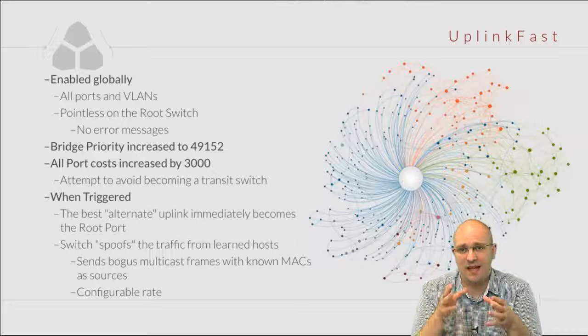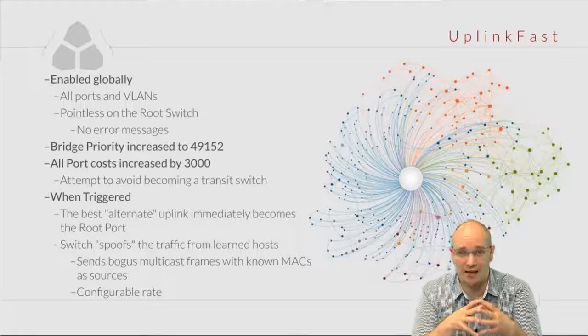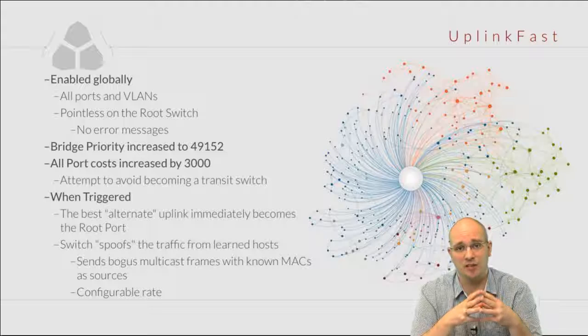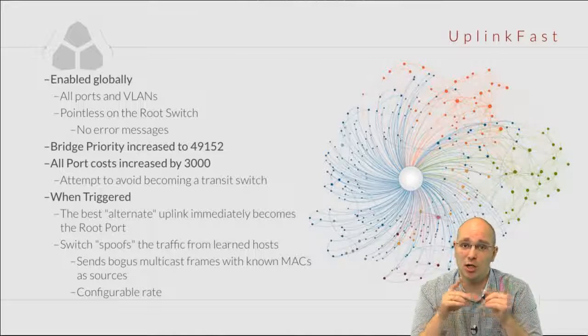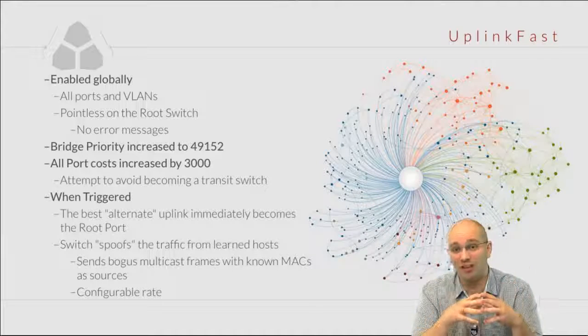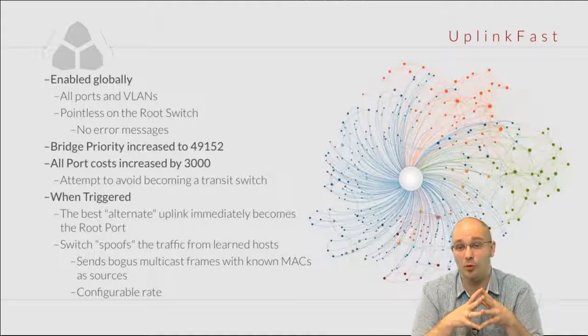When that happens, the UplinkFast feature is going to actually keep track of all these ports. And when the root port disappears, when we lose the connection to the other side, when that port fails, what the switch can do is it can look at the stored copies of BPDUs received on those, quotes, alternate ports, and it can determine which one of these uplink ports can actually be promoted to become a root port.